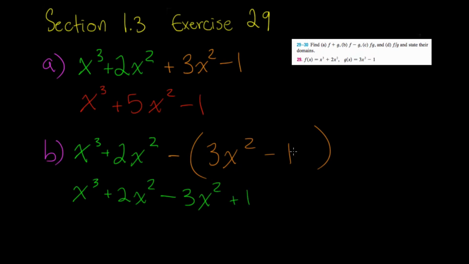Negative 1 times negative 1 is plus 1. Then we simplify by adding together 2x squared and negative 3x squared, and you get x cubed minus x squared plus 1. 2 plus negative 3 is negative 1, and then your x squared is just the term.